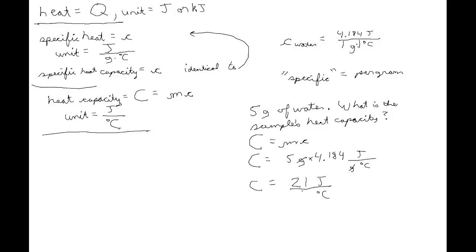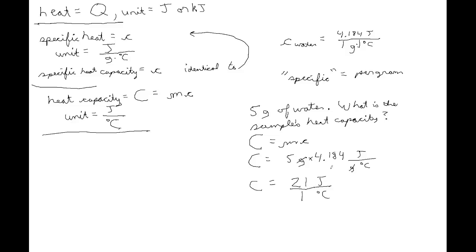And the only number you can put here without changing it is 1. Good. Now, the key thing that you noticed here is that this is not true for any sample of water. It's only true for this particular sample. So for our particular sample of water, it would take 21 joules to raise that particular sample by 1 degree Celsius. Now, notice down here, there's no specific reference to mass in the heat capacity.